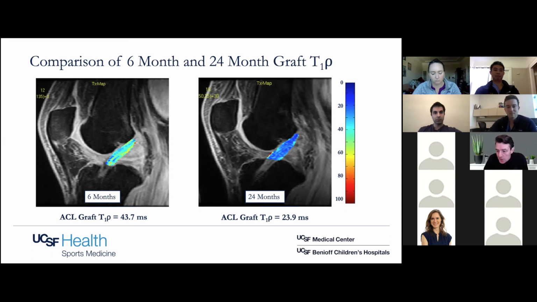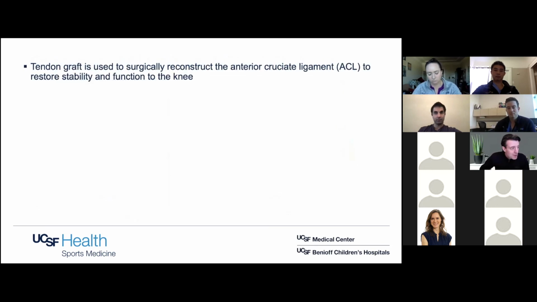He's got some really fun viewing of the ACL by T1 rho imaging that is interesting from the point of view of what we see and what we do. In other words, what we see is it takes 24 months or so for that graft to fully mature.